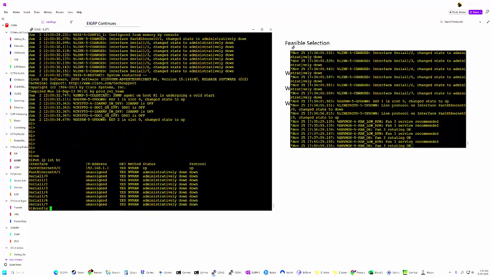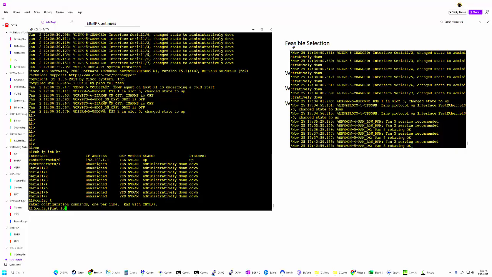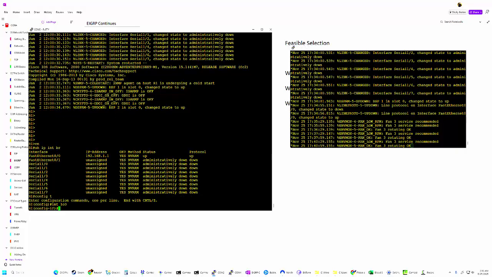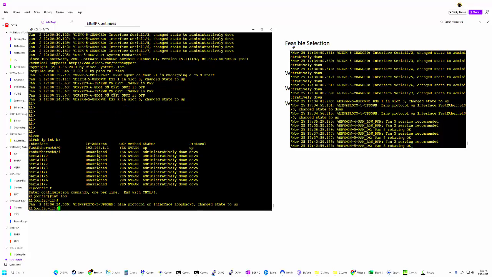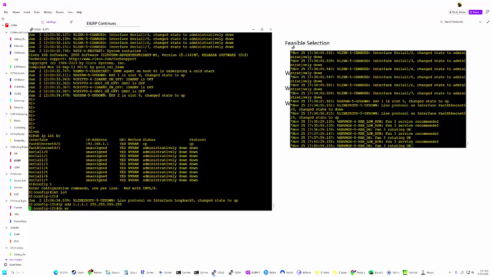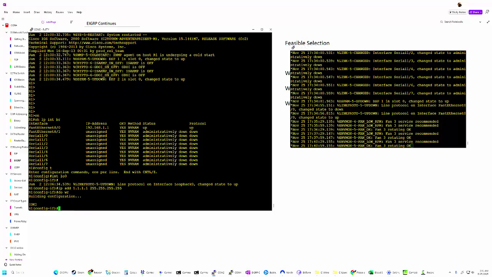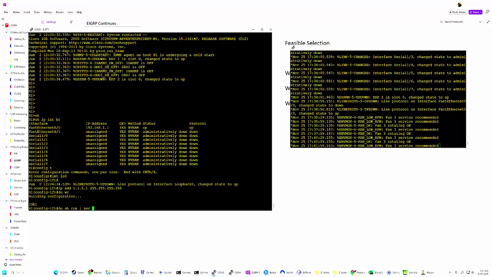Okay, so again, I did not save this config, unless this is not saving correctly. So what we're going to do is save that. Now I know that loopback should come back, and if it doesn't, I know it's something wrong with the NVRAM. But who cares? I can always reconfigure it. Section router.